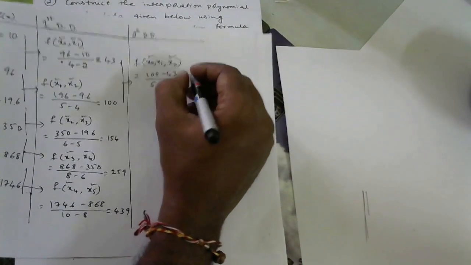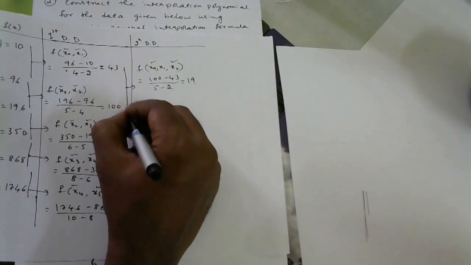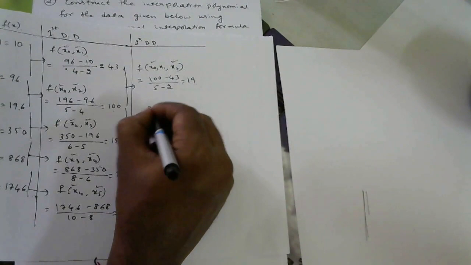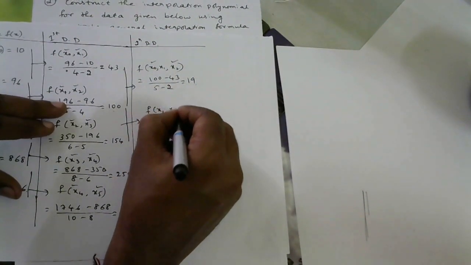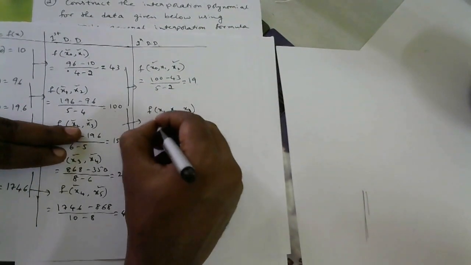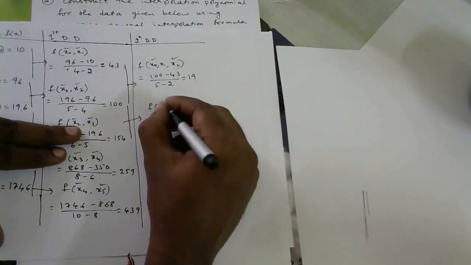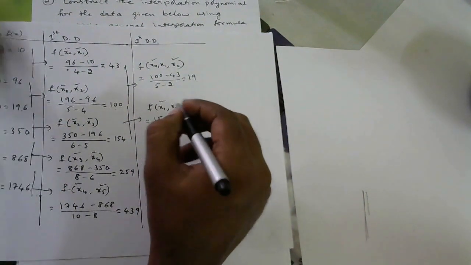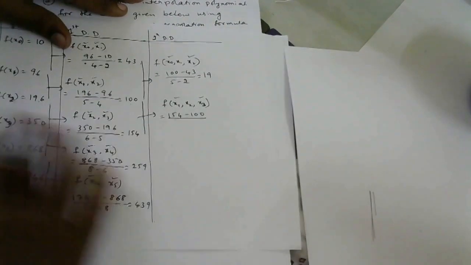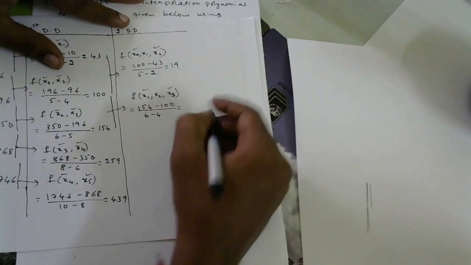So you will get 19. And here you take the next two. So f of x1 comma x2 comma x3. 154 minus 100 whole divided by x3 minus x1. x3 means 6 and x1 means 4. 6 minus 4. So you'll get 27.